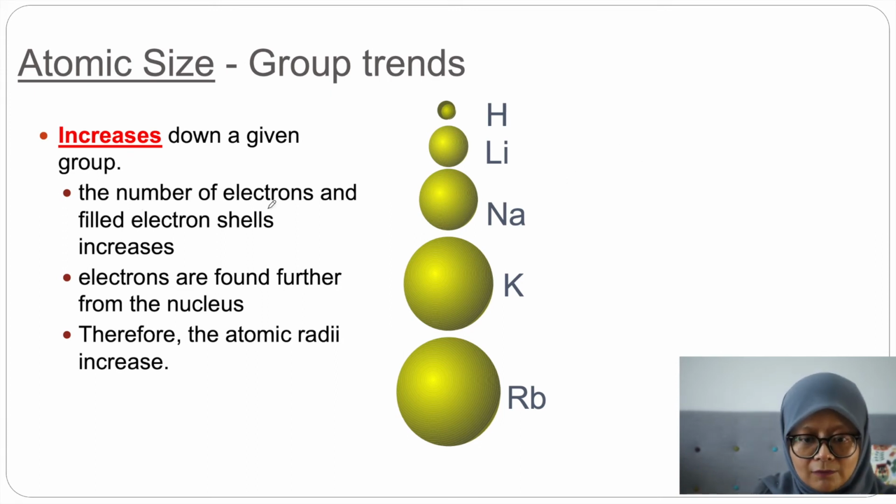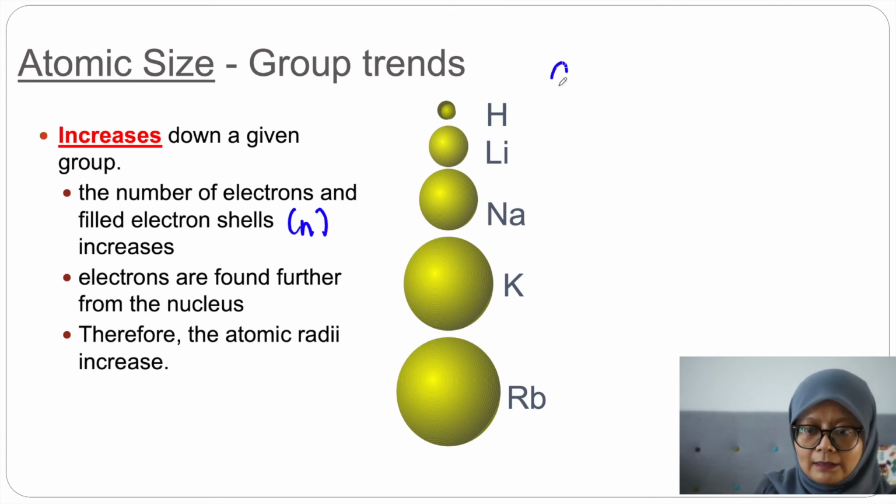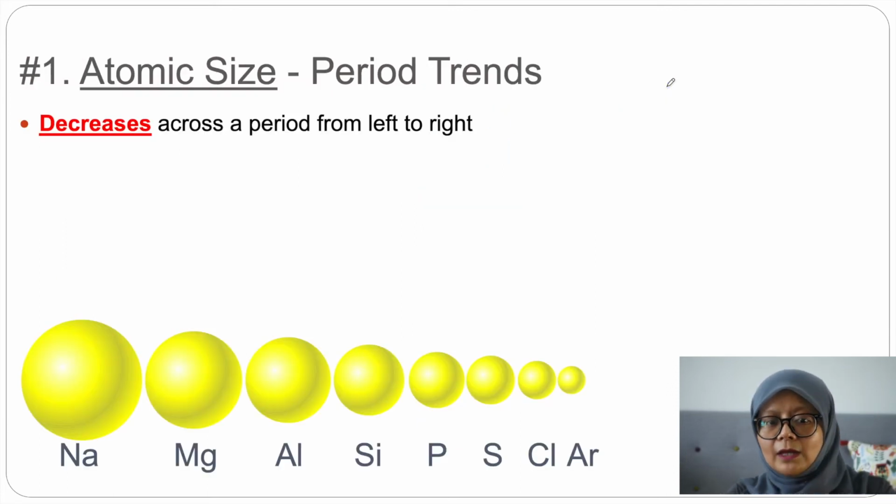We usually refer to the shell as n. Electrons are found further away from the nucleus because of the size, so the atomic radii increase. This is where we have the example for group 1.